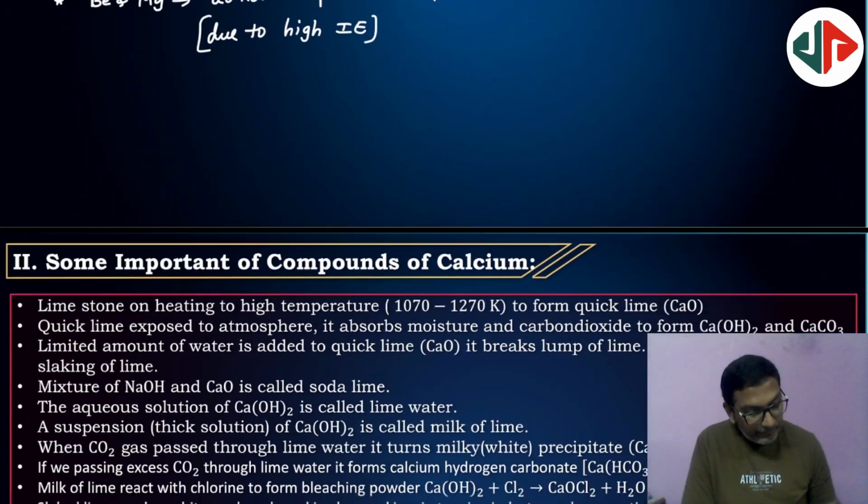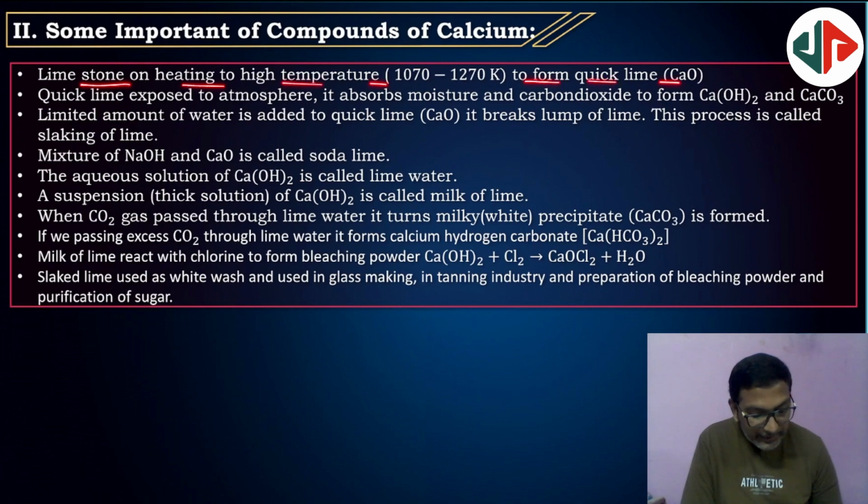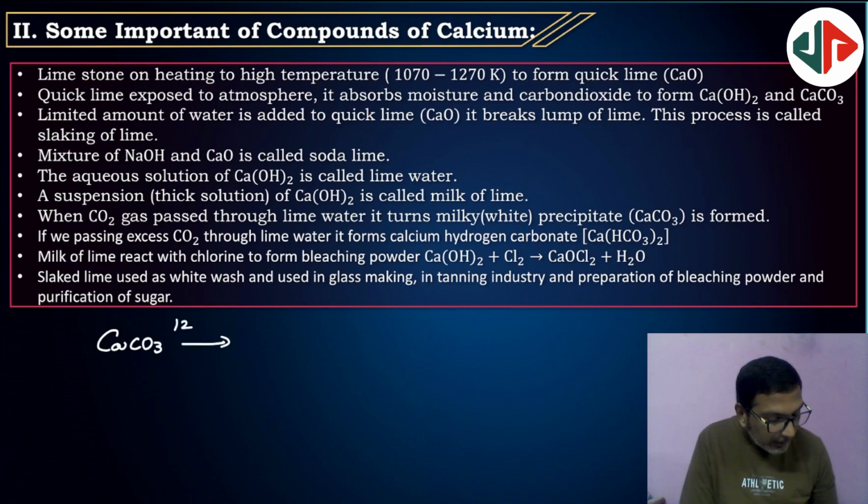Next, important compounds of calcium. Limestone on heating gives quicklime. CaCO3 at 1270 kelvins, approximately 1273 can be taken, gives CaO plus CO2.